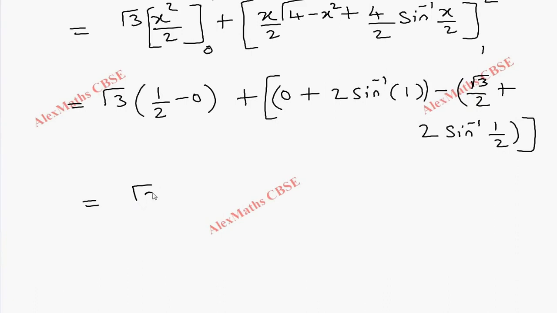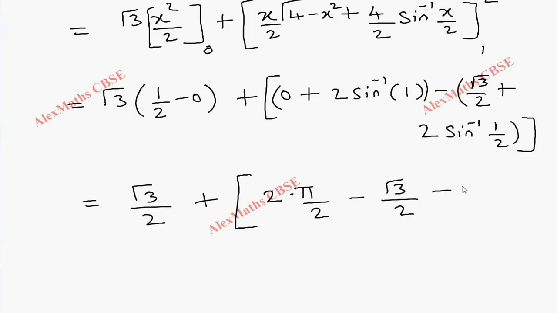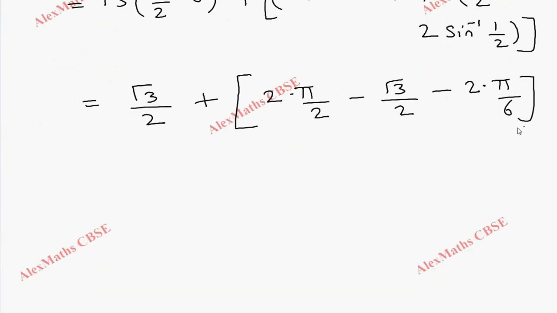Finally, this is root 3 by 2, and this is 2 into sine inverse 1, which is pi by 2, and when you take the minus inside, minus root 3 by 2 minus 2 into sine inverse 1 by 2, which is pi by 6. So we can cancel these two, even these two, this will become pi by 3.